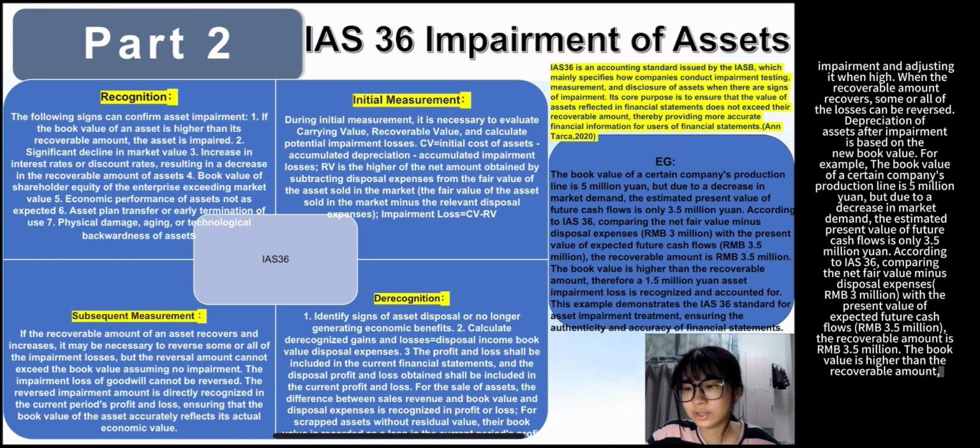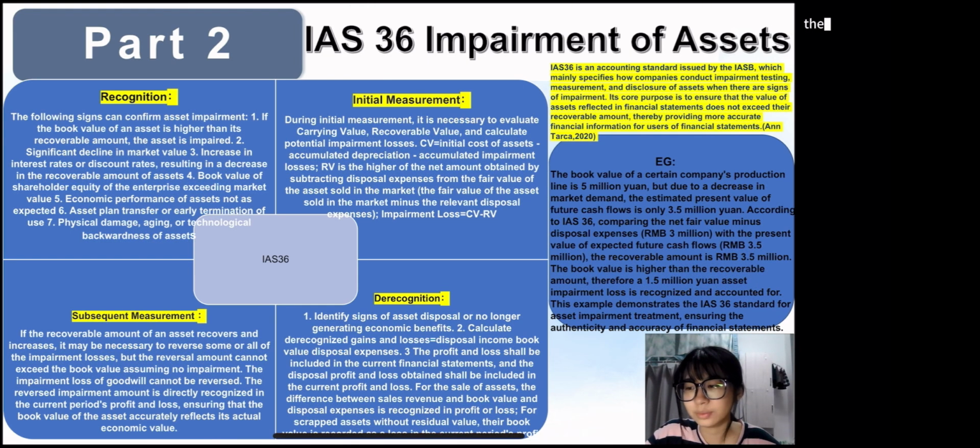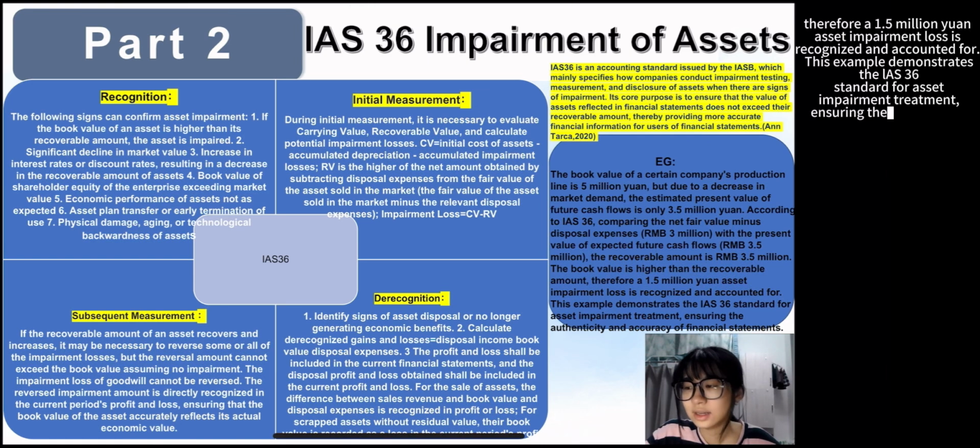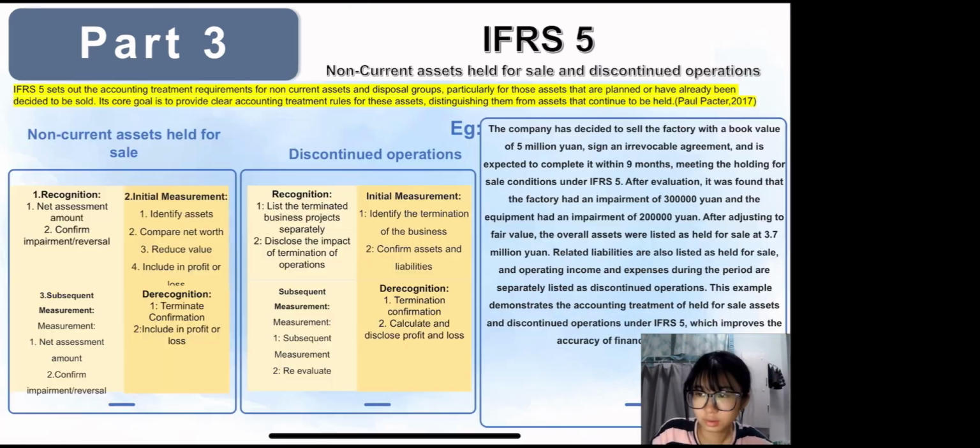The book value is higher than the recoverable amount, therefore a 1.5 million yuan asset impairment loss is recognized. This example shows how IAS 36 governs the assets impairment treatment and ensures the accuracy of the financial statement.